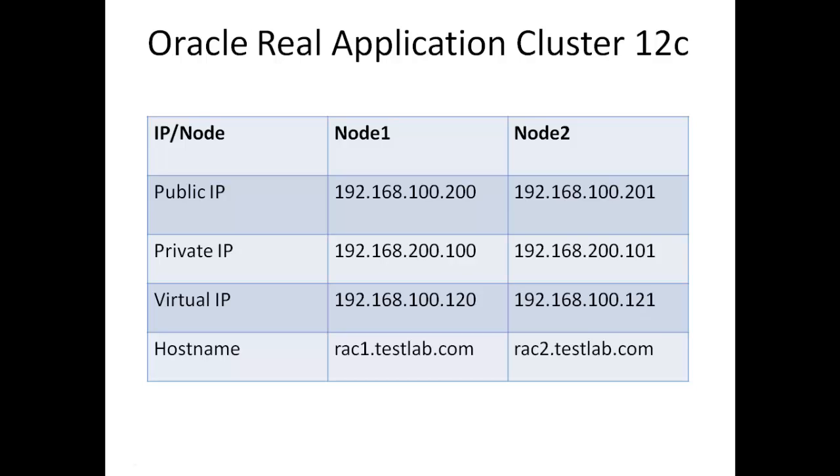Notice here that the public IP and virtual IP are of the same network. You must remember that the public IP and virtual IP must be of the same network, and the private IP must be on a different network from the public IP and virtual IP. And the host name for node 1 is rac1.testlab.com, and for node 2 it is rac2.testlab.com.